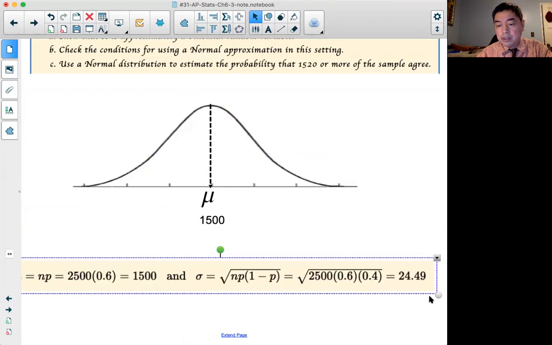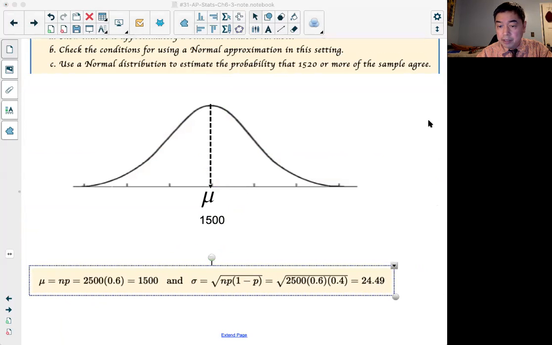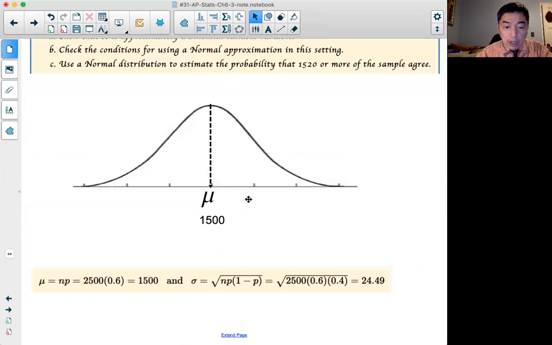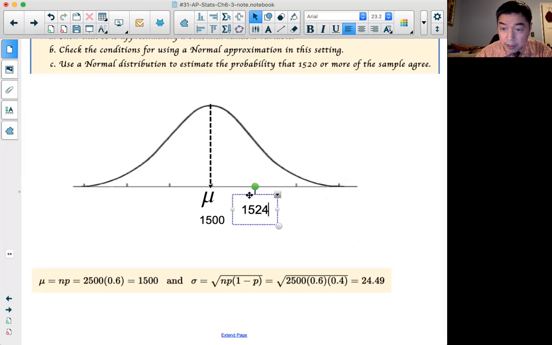So this is the equation, and this is my TI calculator equation too. One standard deviation above is 15, so I will put a little bit of an estimate, 1524. Okay.